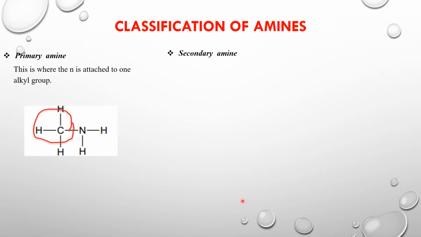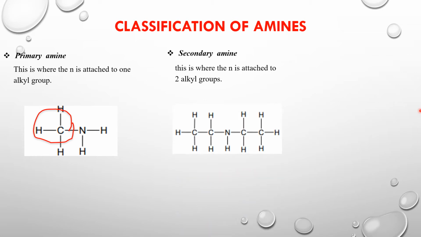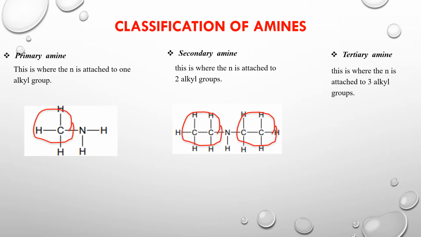Then we have the secondary amine. This is where the nitrogen is attached to 2 alkyl groups. Now in this example, you can see nitrogen is in the middle and on the left we have 2 carbons. On the right we have 2 carbons. So nitrogen is attached to 2 carbon atoms. In a tertiary amine, the nitrogen will be attached to 3 alkyl groups.